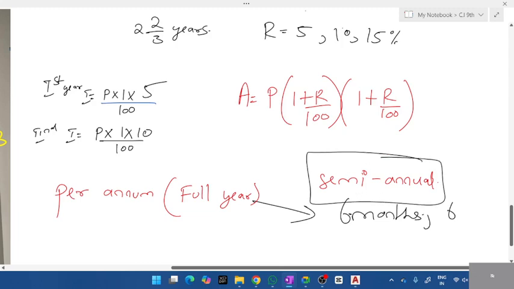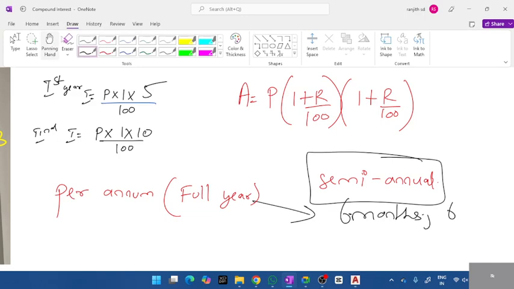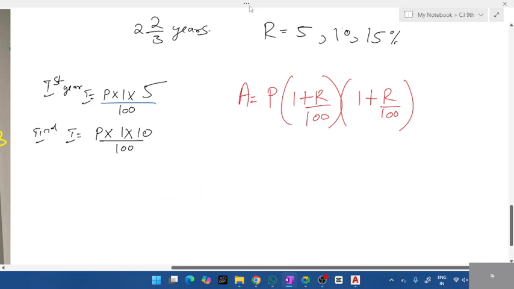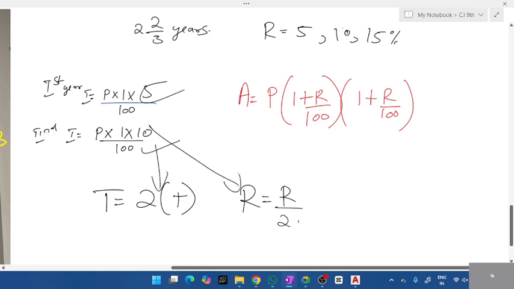Semi stands for half. Whenever they mention the word semi-annual or half year, the formula is different. What's the formula I gave you? If it is semi-annual, T is equal to 2 into T, R is equal to R by 2. That is for year by year calculation. For year by year calculation, remember this.